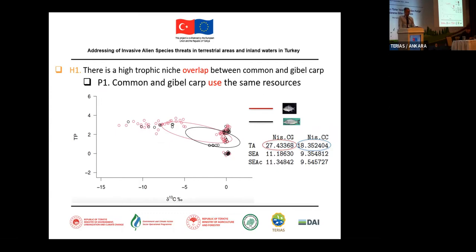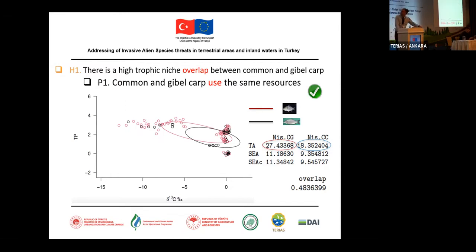Apparently, the only different or interesting result is here, not so interesting, but gibel carp had a wider niche area compared to common carp, but you see the overlap is almost 50%. That shows they really used the same resources. So this hypothesis, I would say, is confirmed.